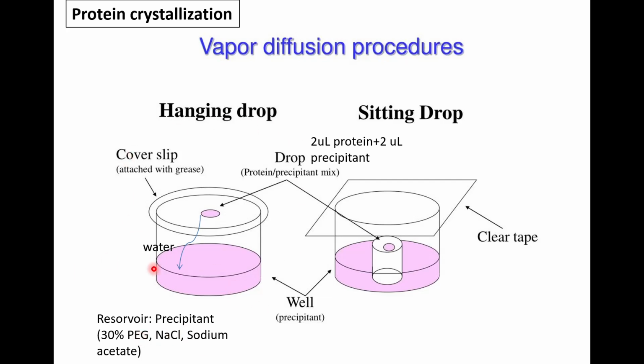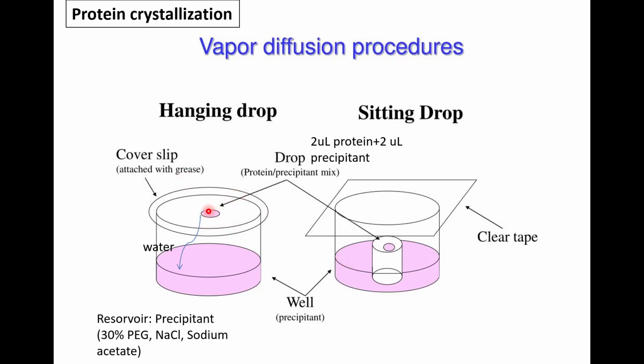What I am telling you is that there is this exchange of water and precipitant that will try to precipitate your protein. Since this drop is hanging on this cover slip, it is known as the hanging drop method.